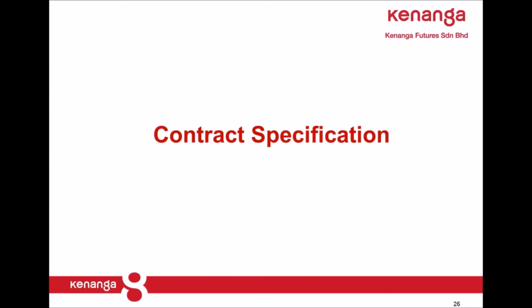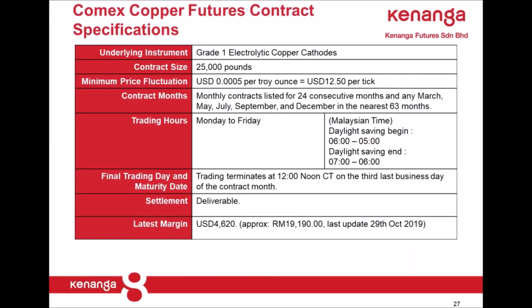Okay, then we will be covering the contract specification for the Comex copper contract. As you can see, the underlying asset is grade 1 electrolytic copper cathode.